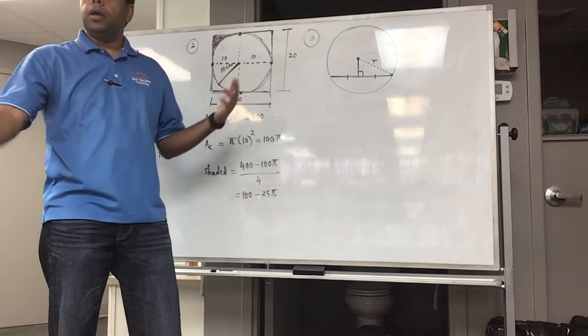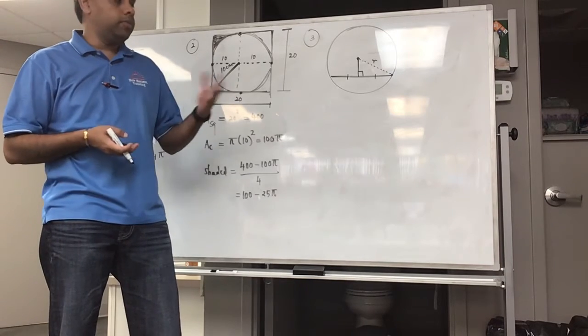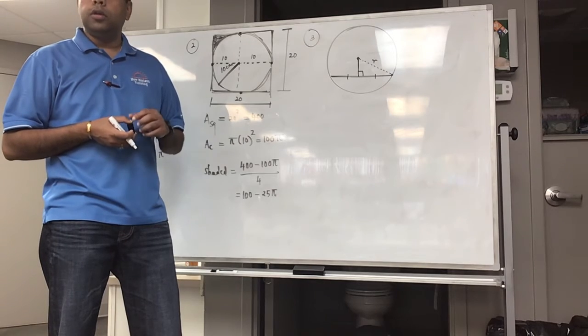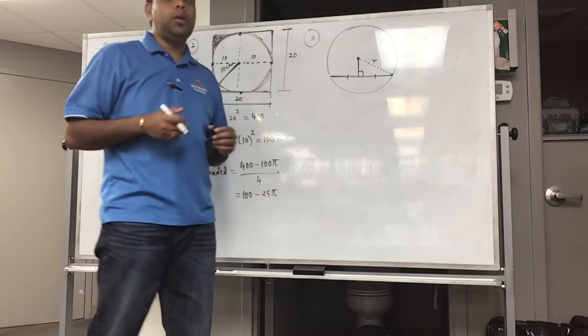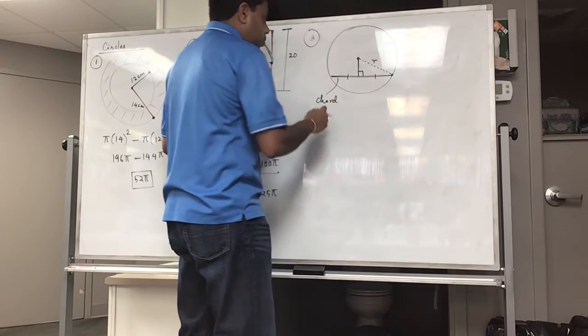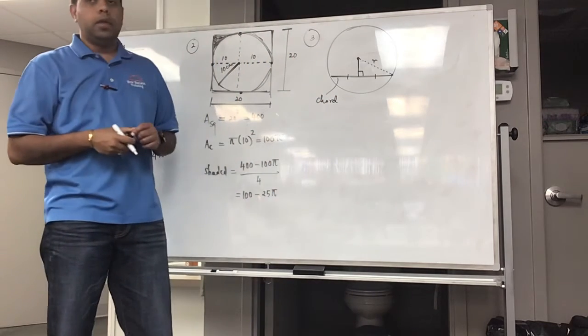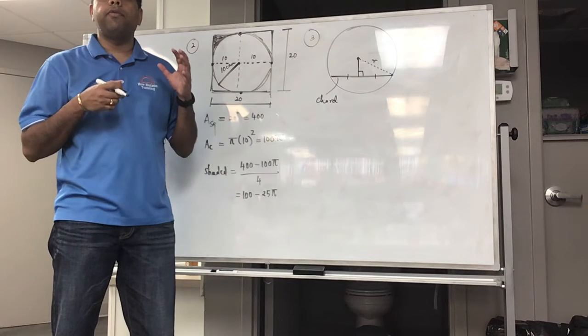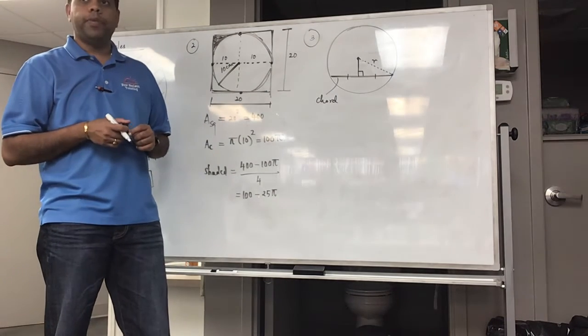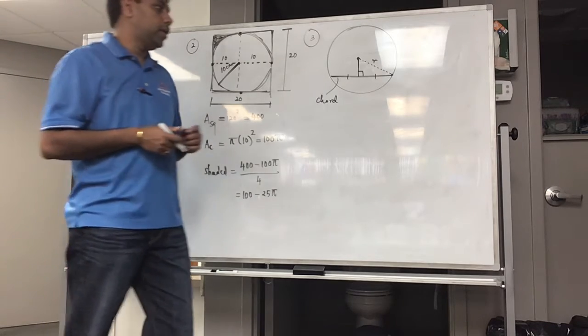Using the 90, the hypotenuse, the Pythagorean. So the chord is extremely important in circles. I know you guys don't know or maybe have forgotten, but it's something you need to take very seriously. Sounds good? Okay.